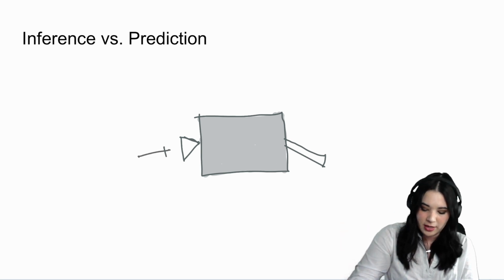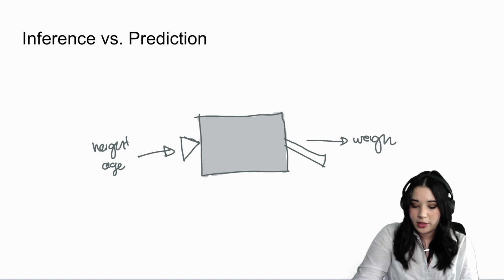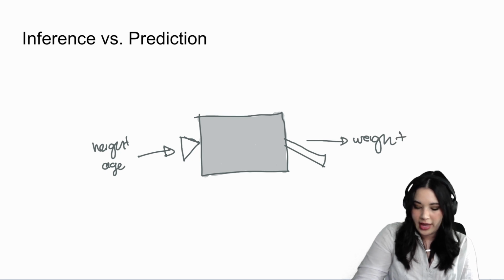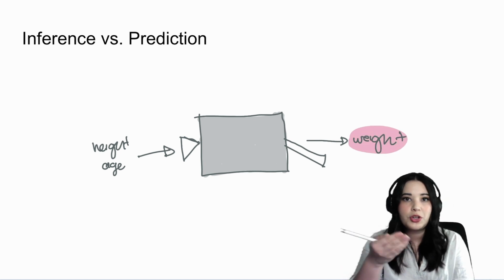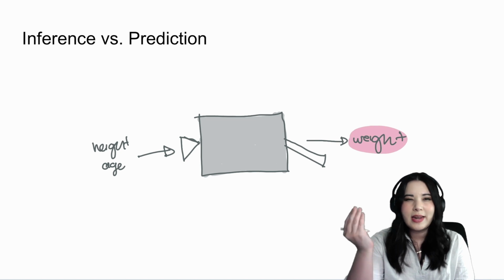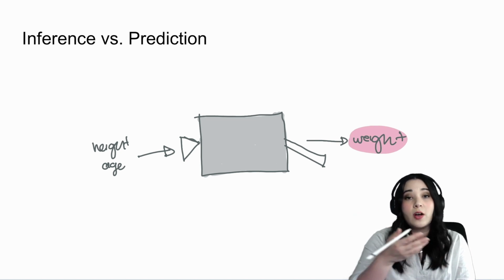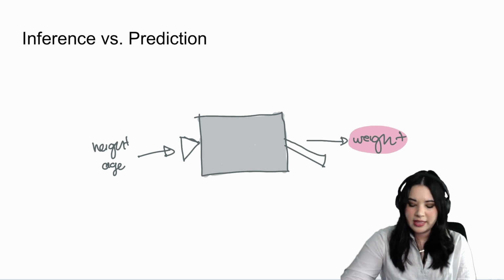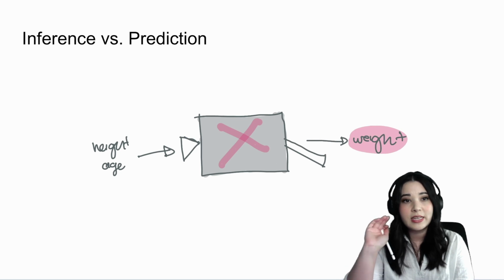So you can imagine we're putting into our model the height and the age, and we're spitting out the weight. Now, one thing we could focus on is just, hey, is this number that's coming out accurate? When I give it new cat information, is it accurately predicting their weight? That would be a focus on the prediction of the model. We don't really care what's going on in here as long as what's coming out of that model is accurate.